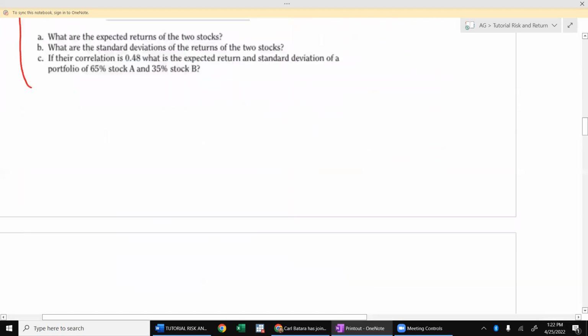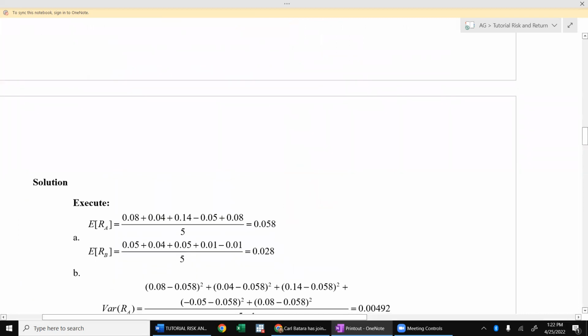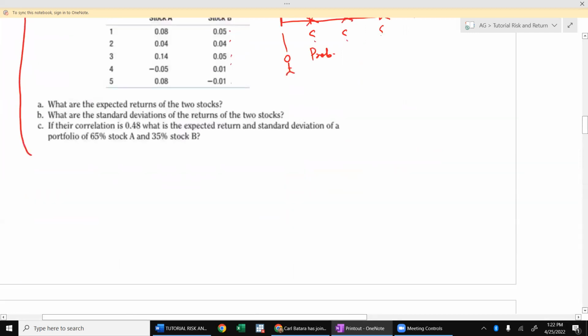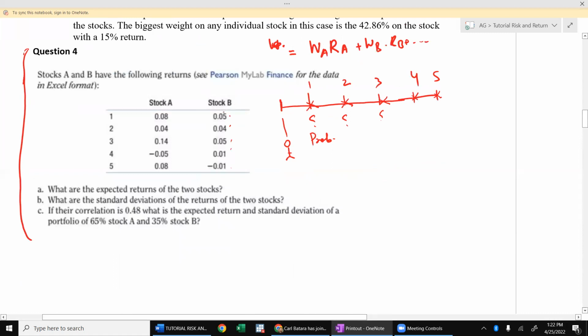If you check the formula, it's simply historical data that you add up and divide by n, right? So please remember that in this question this is past data.